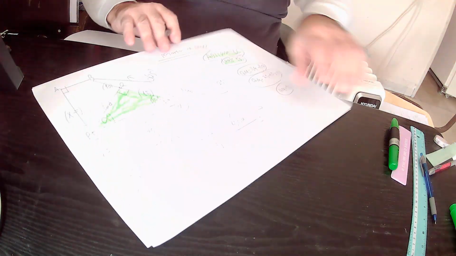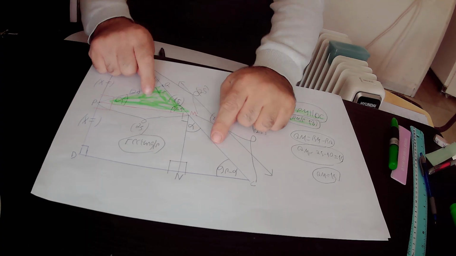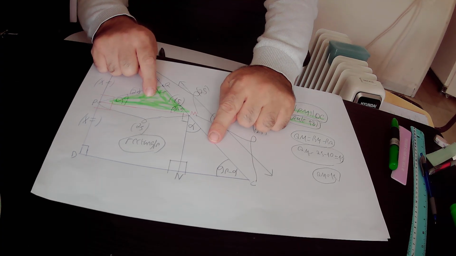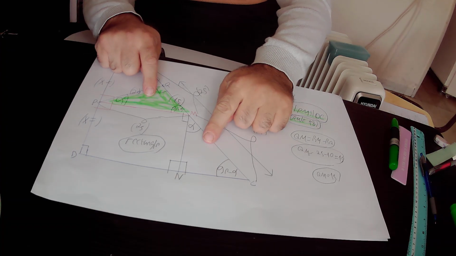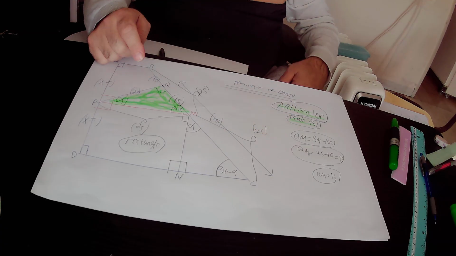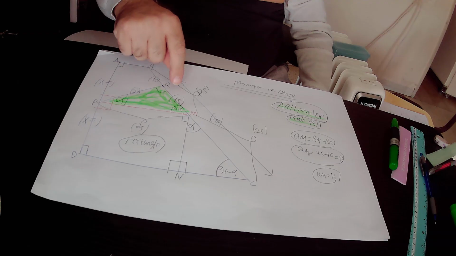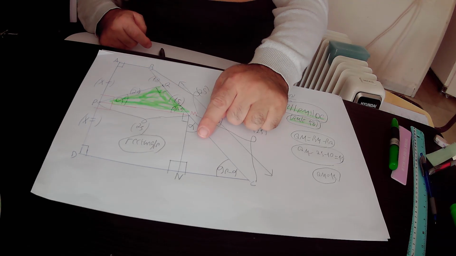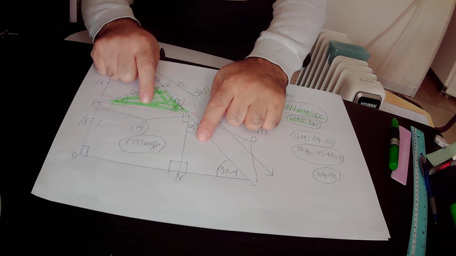In the next step, we prove that those two right triangles can go into each other according to the angle side angle rule. So why can those two right triangles go into each other? This is to say we prove that this green right triangle PQM can go into this lower right triangle MNC.